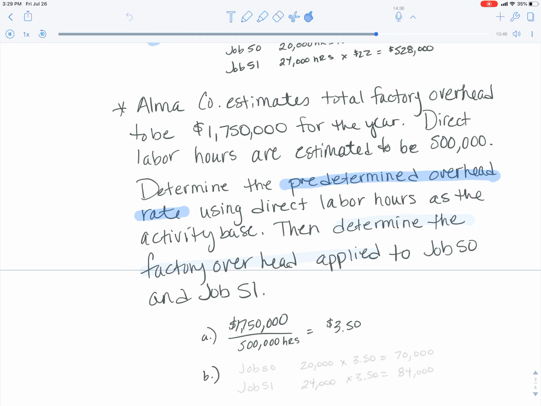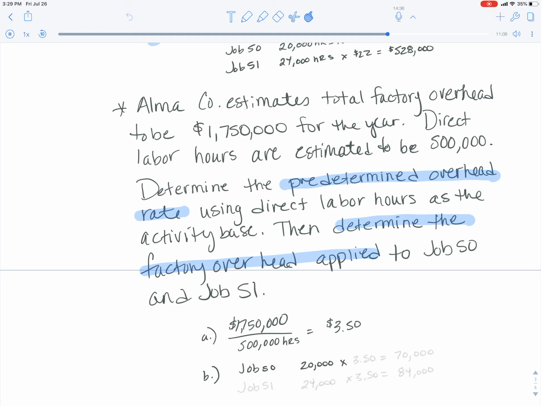The second thing that we can do is figure out what is the overhead we should apply. So determine the factory overhead applied to each job. Well, that's going to be based on the labor hours for that job. So job 50 had 20,000 direct labor hours.